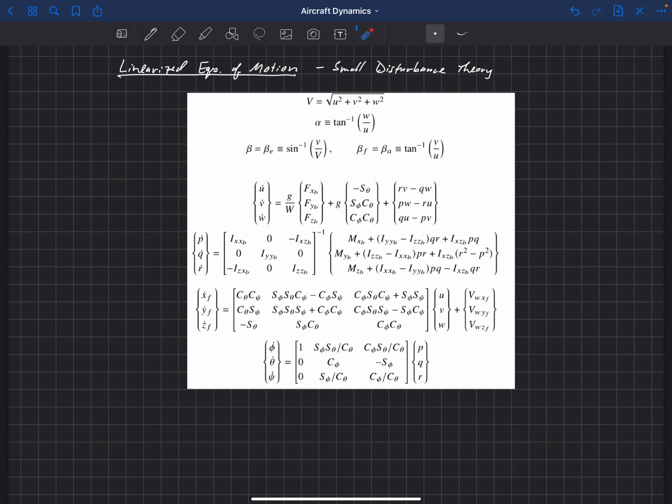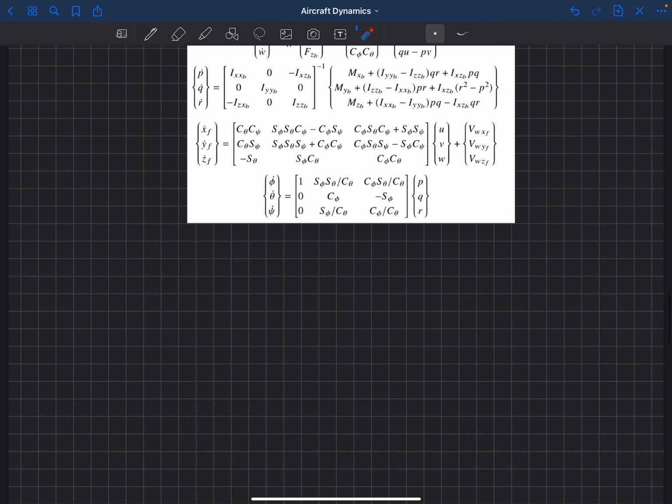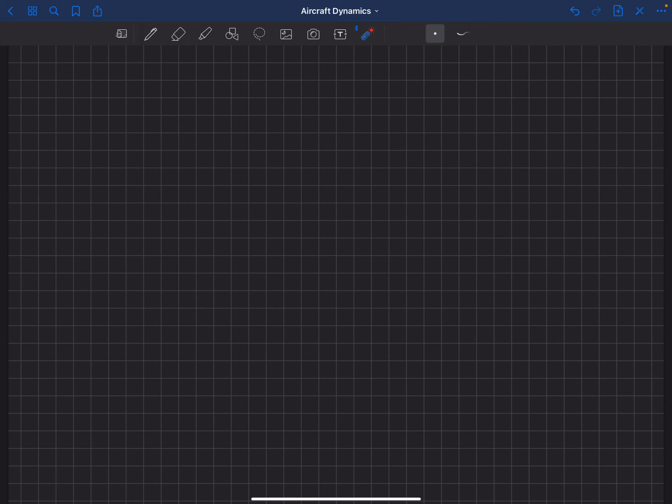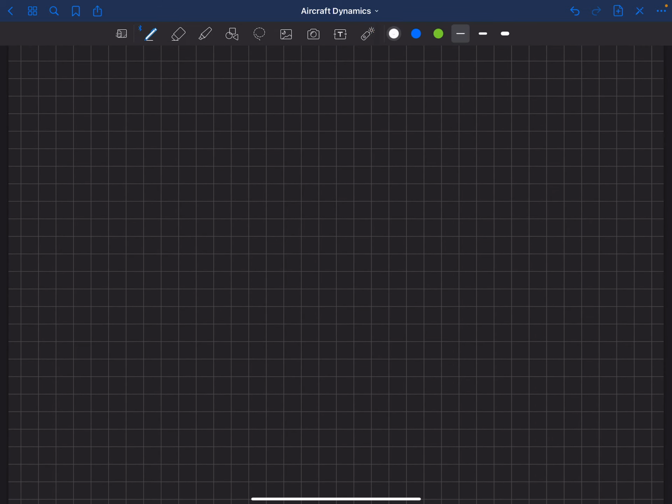Okay, so let's talk about small disturbance theory. So in general, what we're doing with small disturbance theory is we're saying that we know we're going to start with some known solution, okay? So we're going to call this y as a function of a bunch of parameters.